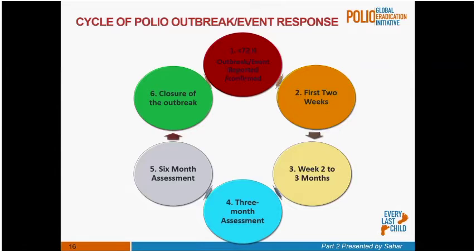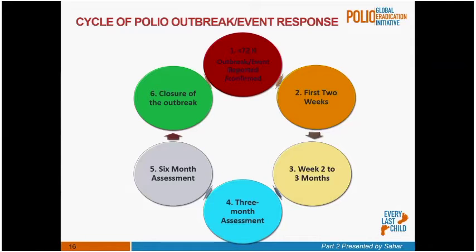The second important point of time is during the first 2 weeks. This is the time when what we call Team A, who are staff members, arrive in the country to support the country team to start looking at the national plan, ensure that the social and epidemiological investigation has been done, look at vaccine and HR needs, and also start thinking of the initiation of the response towards having the first campaign within 14 days.